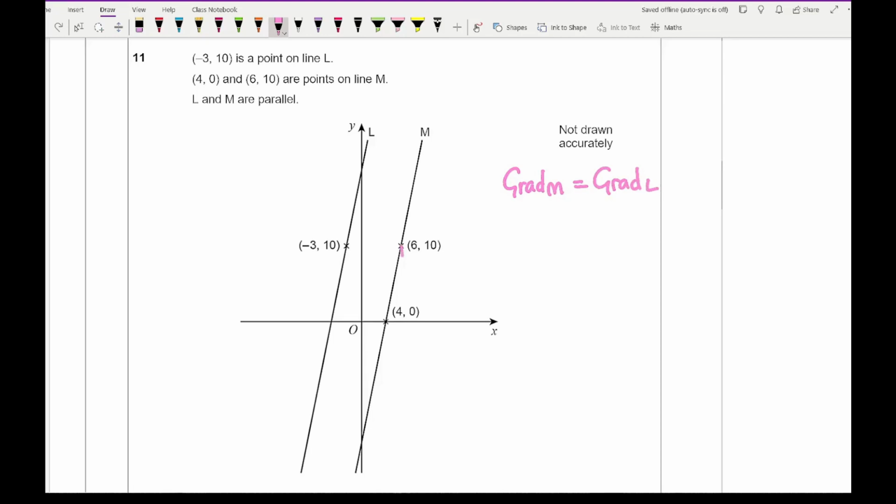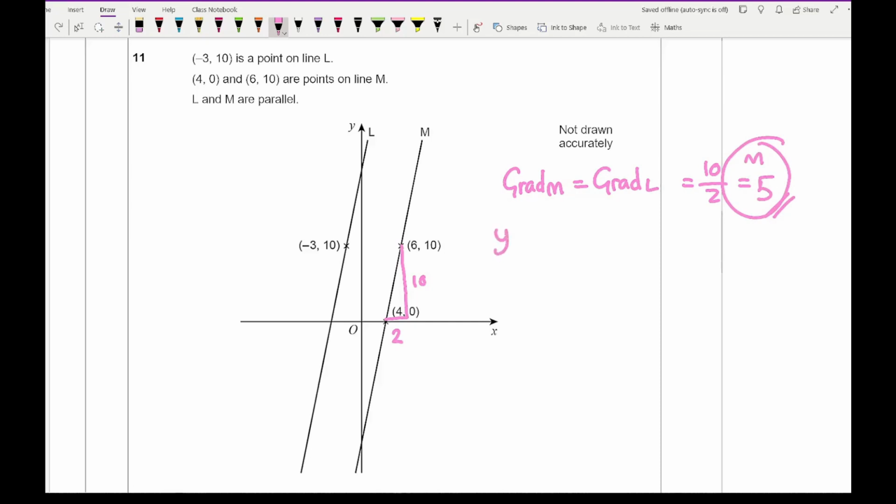So then if I draw my triangle and using the coordinates, I can see the base is going to be the difference between the x ordinates, which is 2, and the height of the triangle is the difference between the y ordinates, which is 10. So the gradient then is going to be 10 over 2, which equals 5. So m equals 5.